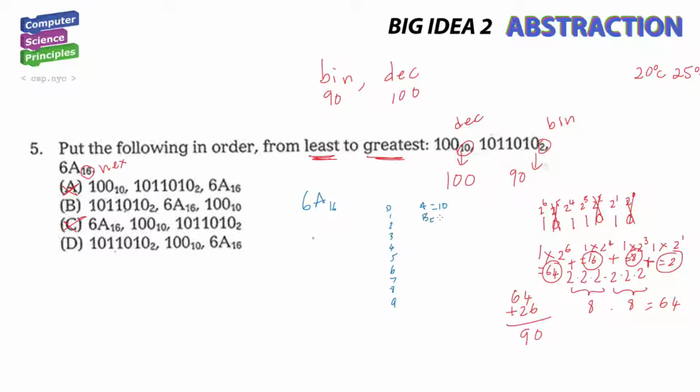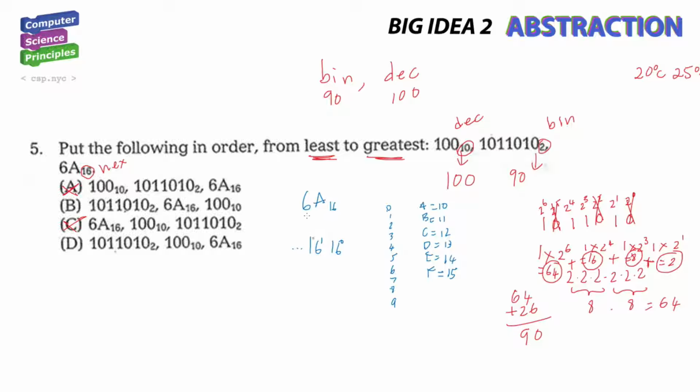And then B would equal 11, C would equal 12, D would equal 13, E would equal 14, and F would equal 15. And so those are 16 items there because of the 0.